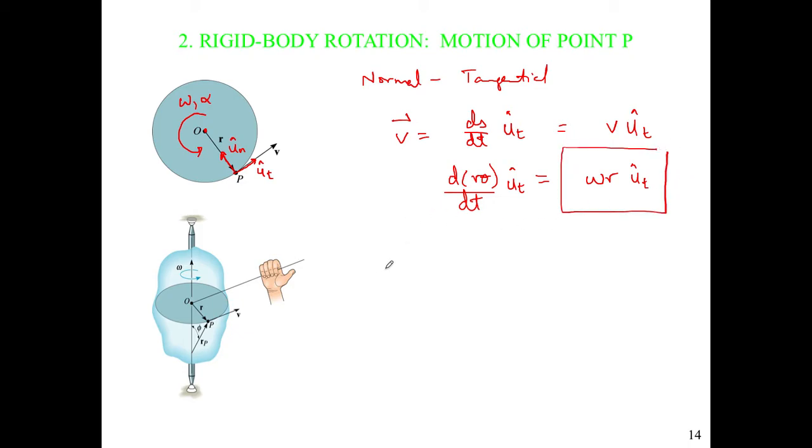And similarly let's also write down the acceleration. You guys tell me. Acceleration is what? It's v dot in the tangential direction plus v squared divided by rho in the normal direction. Okay.